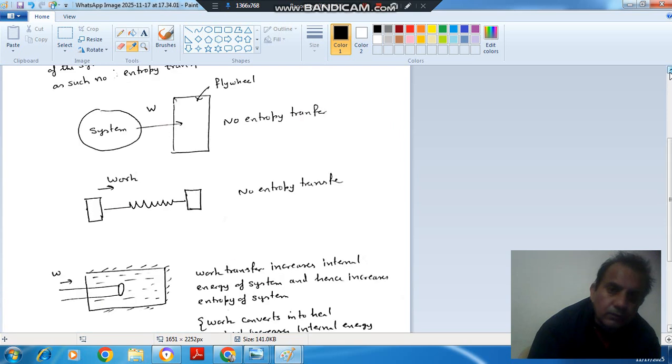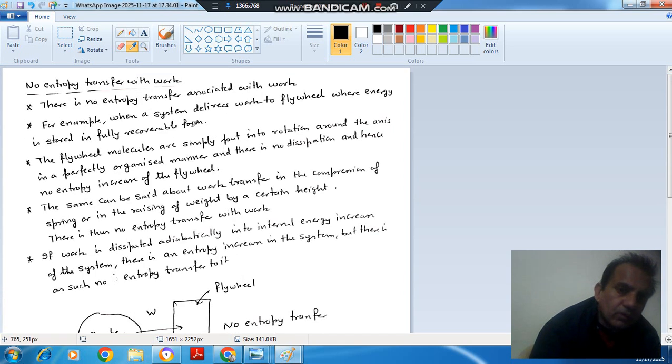Reading this out: no entropy transfer with work. There is no entropy transfer associated with work. For example, when a system delivers work to a flywheel where energy is stored in fully recoverable form, the flywheel molecules are simply put into rotation around the axis in a perfectly organized manner, and there is no dissipation and hence no entropy increase of the flywheel.